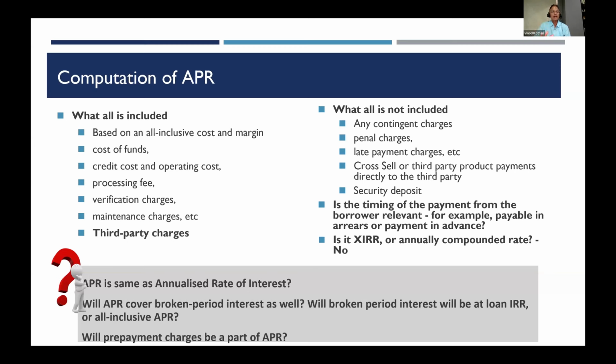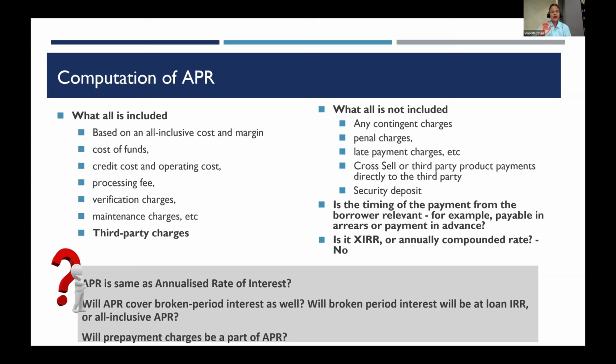When we use the IRR formula, if the payments are coming at the start of the month, meaning the first payment comes immediately, it will impact the APR computation. Therefore, the fact of advance payment will have to be factored in the computation of the APR.